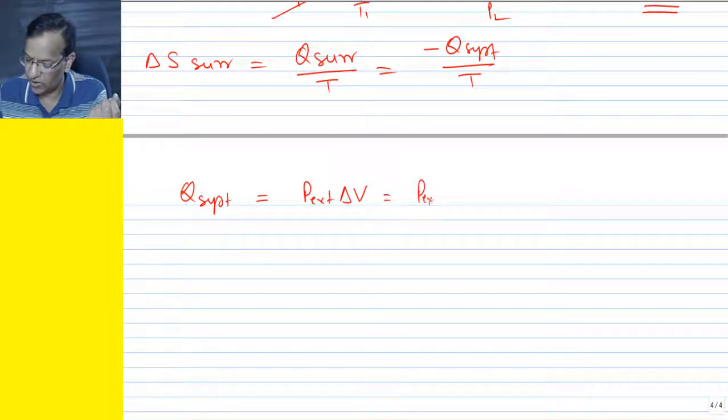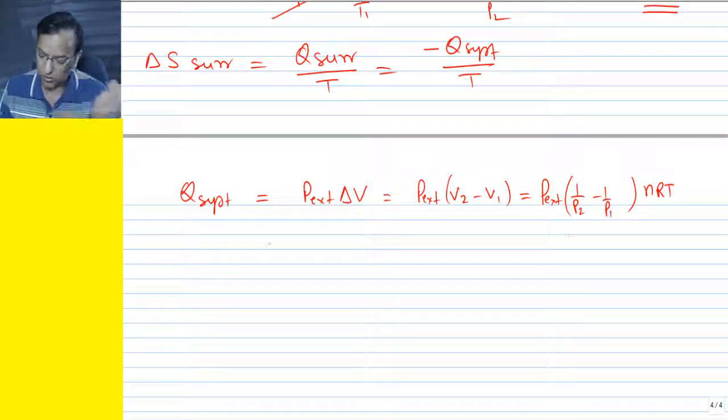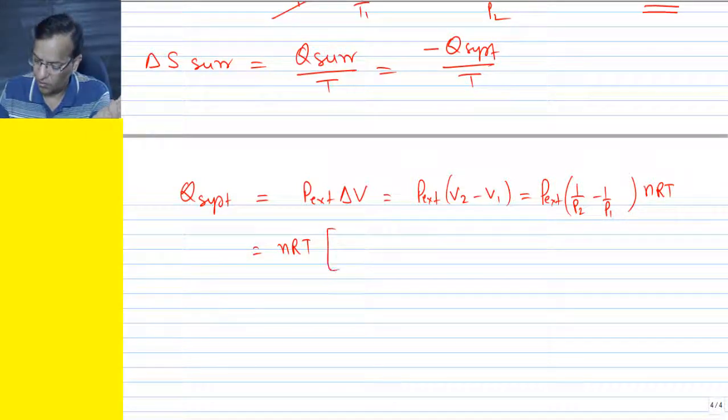So it is P external times V2 minus V1. V can be substituted by nRT by P. So P external nRT times 1 by P2 minus 1 by P1. So it is nRT times P external upon P2 minus P external upon P1.